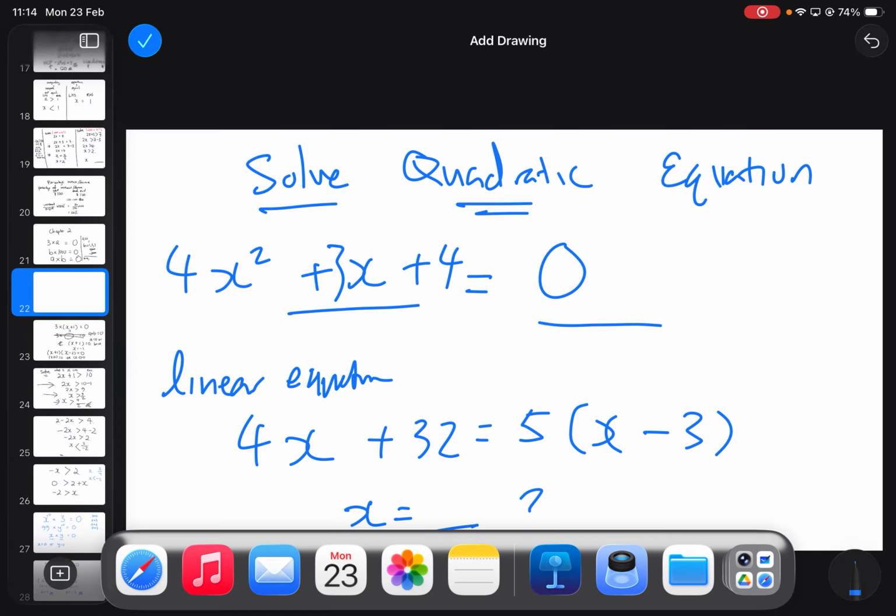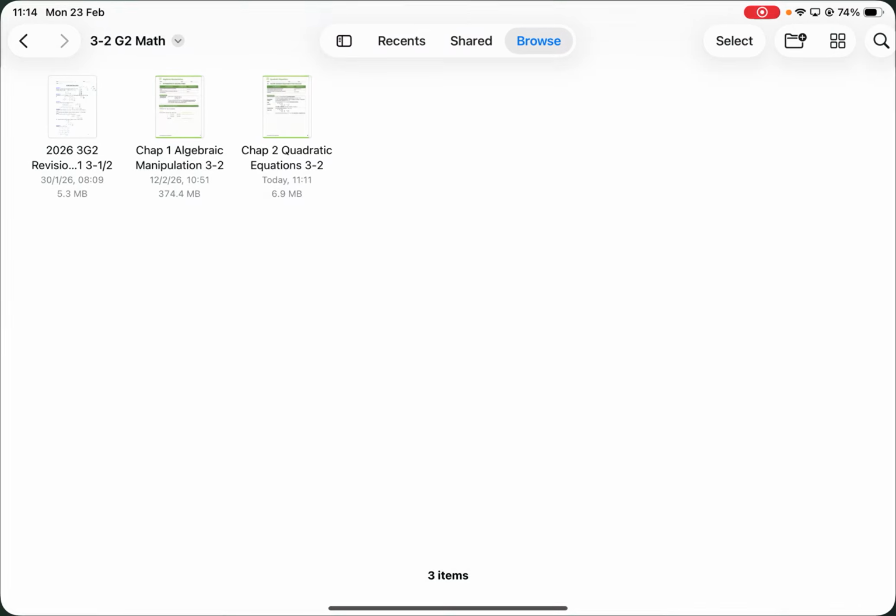Then we go back to your 2.2. When we were doing our 2.1, we were all solving the equation by doing factorization, by making something times something equals to 0. But now when we go to topic 2, we want to learn another new way to solve.